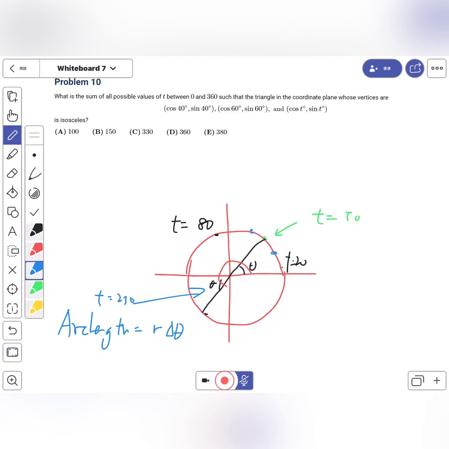And since we're asked to find the sum of all possible values, our answer is therefore 20 plus 50 plus 80 plus 230, giving us 380 as our answer choice E.